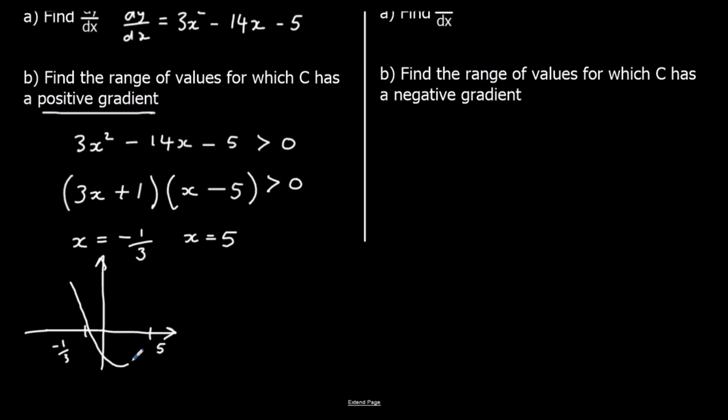And we've got a shape like this, a positive quadratic. And we want to know where it's bigger than 0. Where it's bigger than 0 are the bits above the x-axis. So these bits here. So what can x be? So anything less than minus 1/3, or anything bigger than 5.